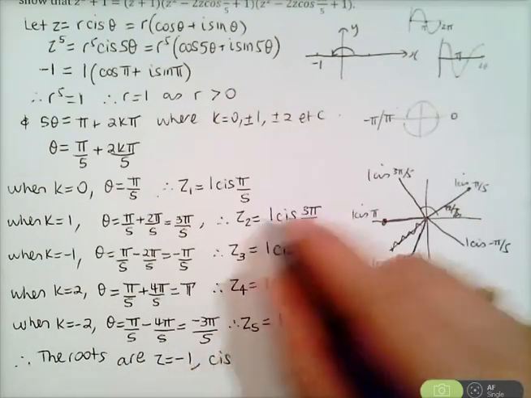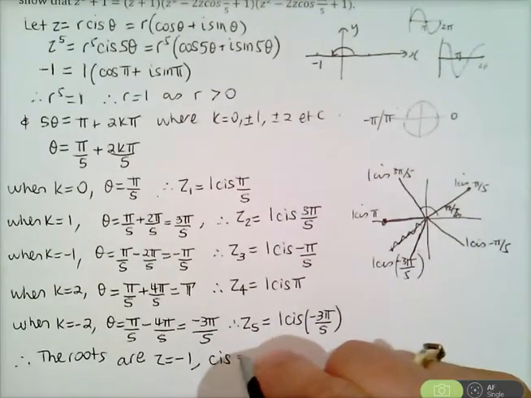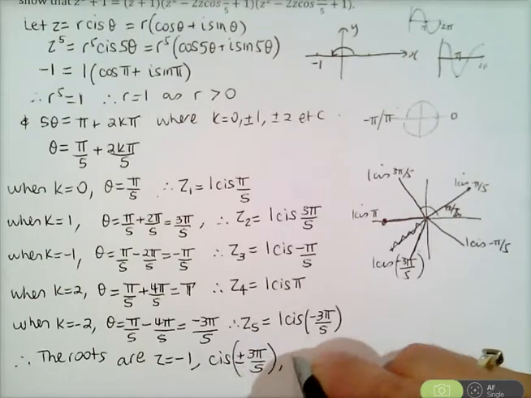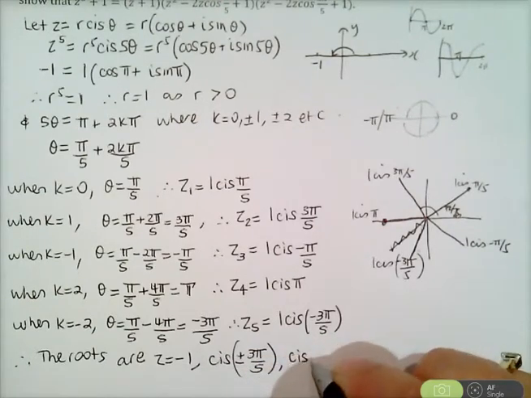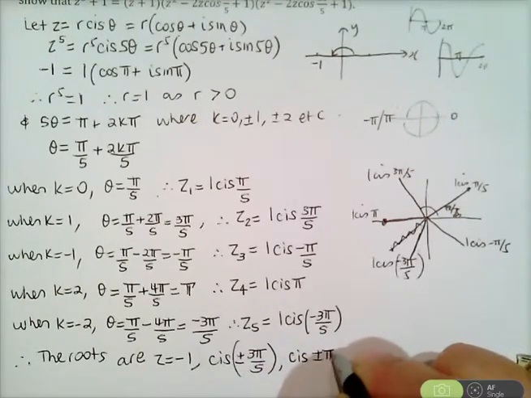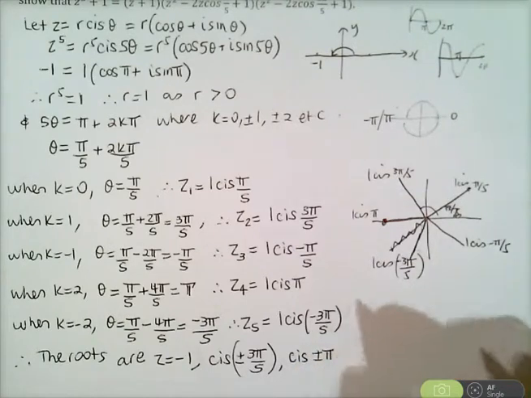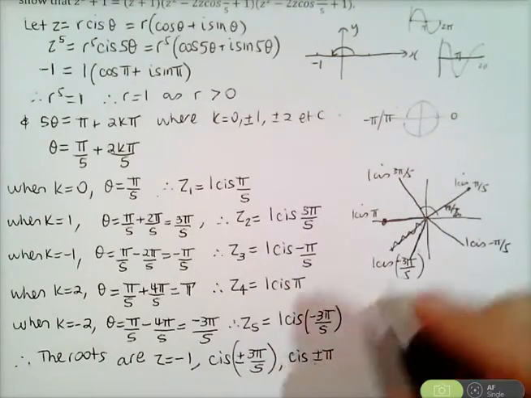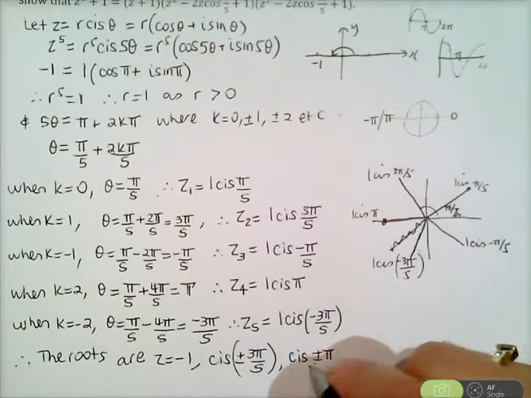cis plus or minus 3 pi on 5 and plus or minus pi on 5.